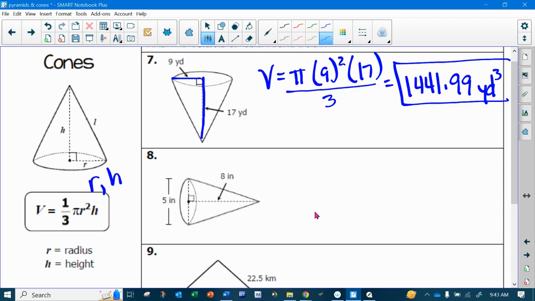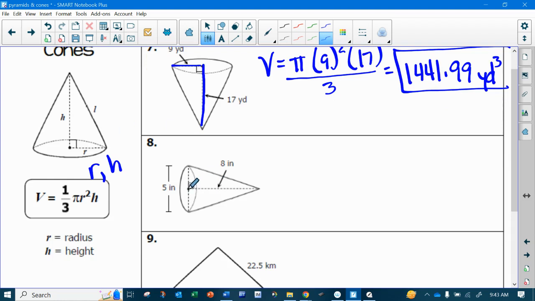Okay, let's look at this one. What's the radius? If my diameter is 5, then my radius is half of that, so my radius is 2.5. My height is h, which is 8. And I'm just going to plug it in.